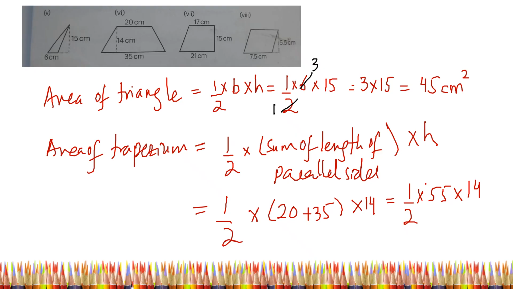Right, now again I can see that 14 is divisible by 2. So what I will do is 2 1 is 2, 2 7 is 14. Next I will multiply 55 with 7, and I will get 385 centimeter square.